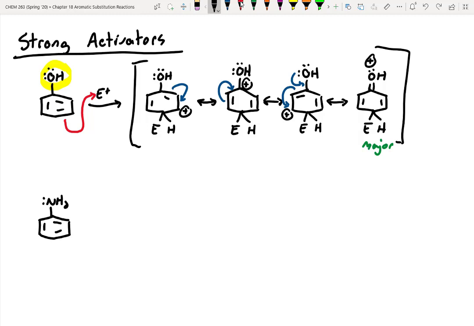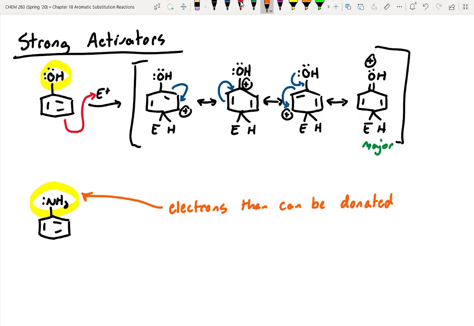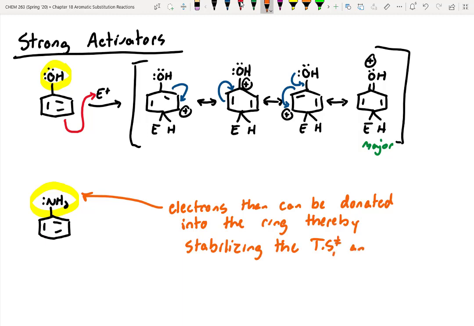So we could go ahead and we could do the exact same thing down here, but you get the idea. The idea with these is that they have electrons that can be donated into the ring, thereby stabilizing the transition state and intermediate.